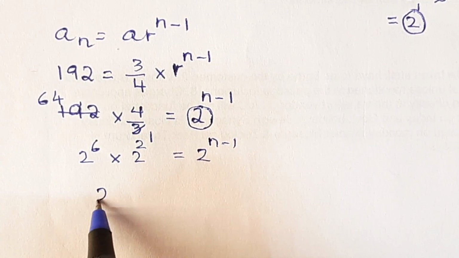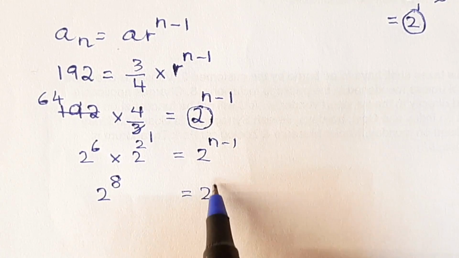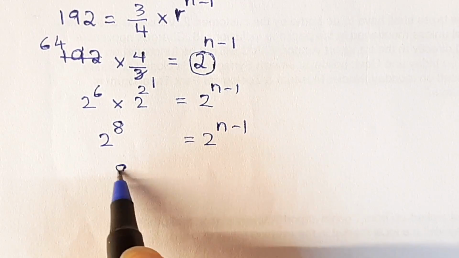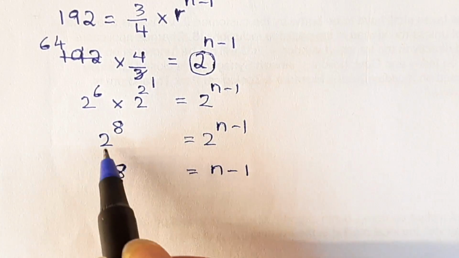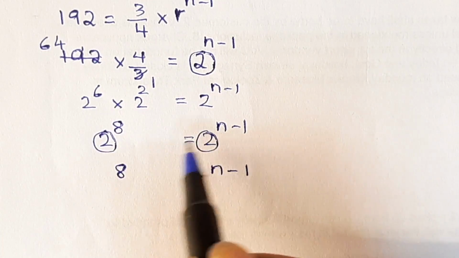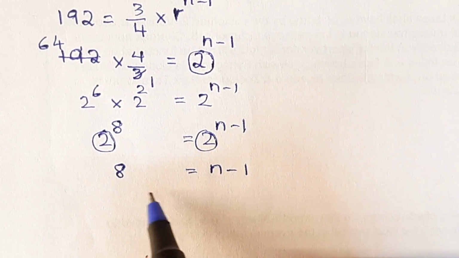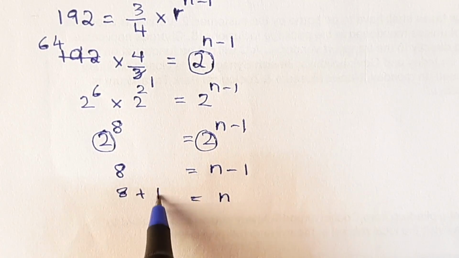Now look at this. 2 to the power 6 plus 2, that will be 2 to the power 8, which will be equal to 2 to the power n minus 1. And that will give us 8 equal to n minus 1. What have we done? Since the bases are same, the exponents are equal. So we equalize the exponents, and that will give us n equal to 8 plus 1.